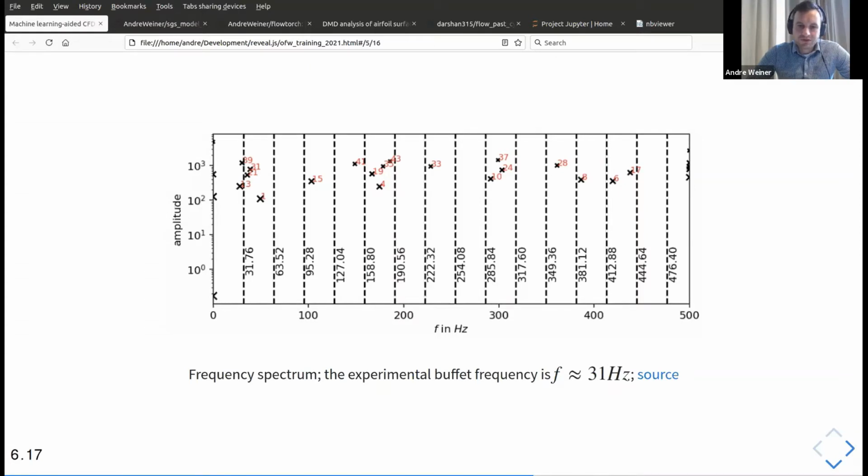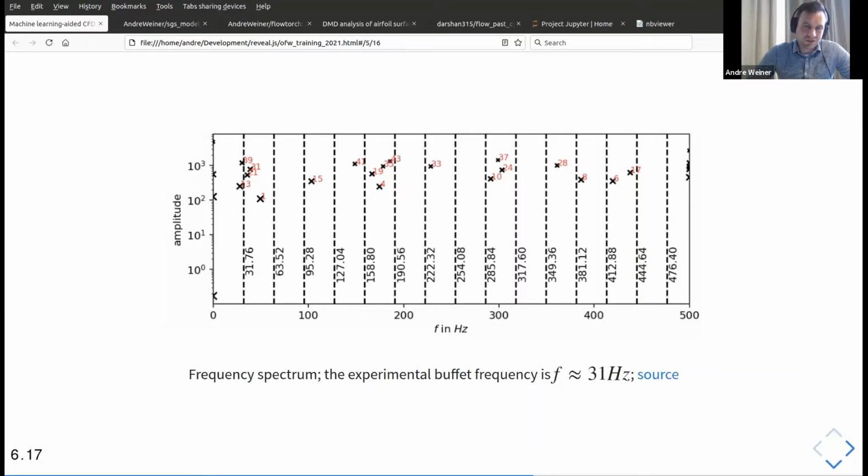The vertical lines indicate the buffet frequency, which I extracted from an experimental paper, and multiples of that frequency.